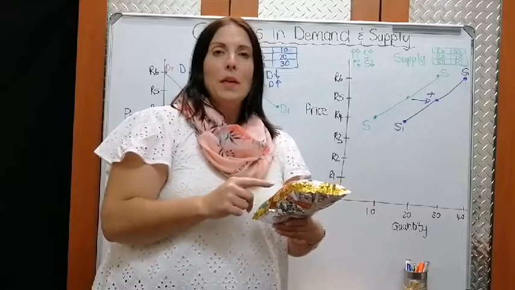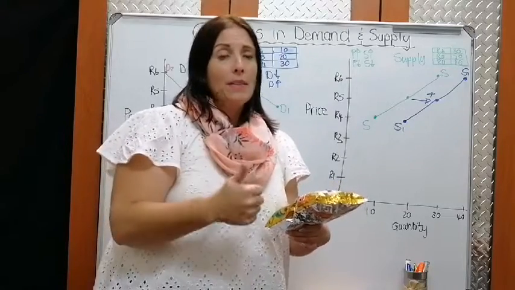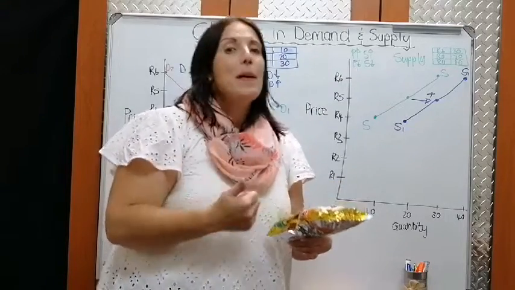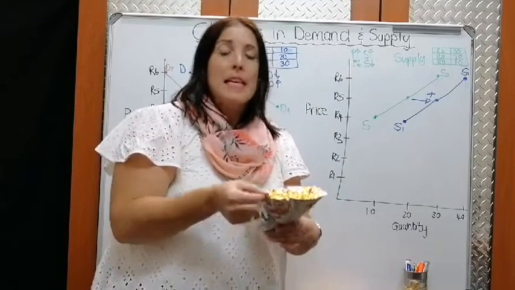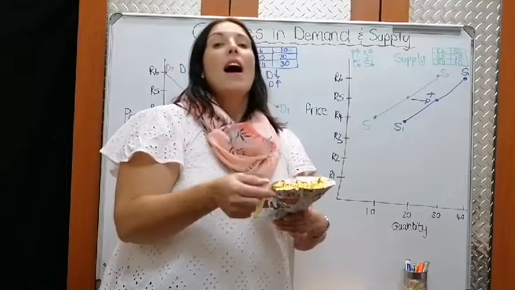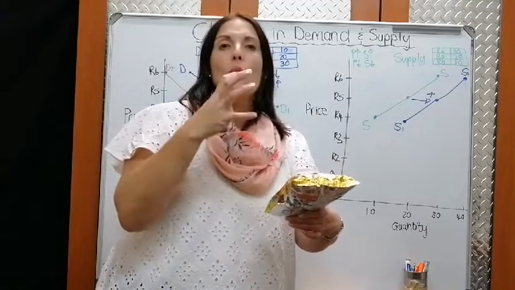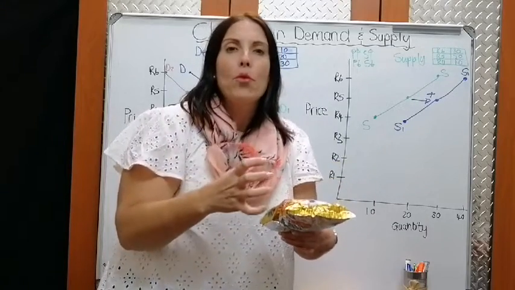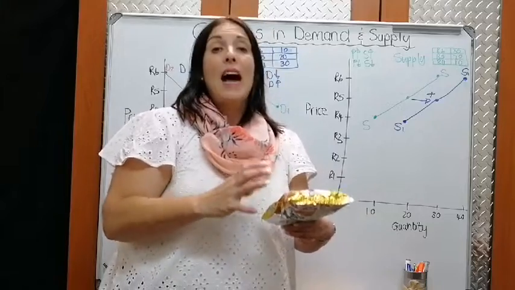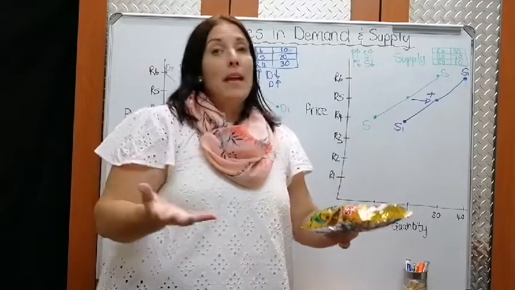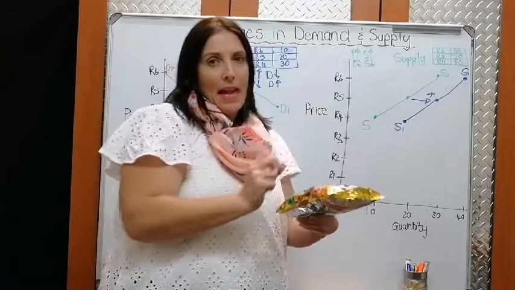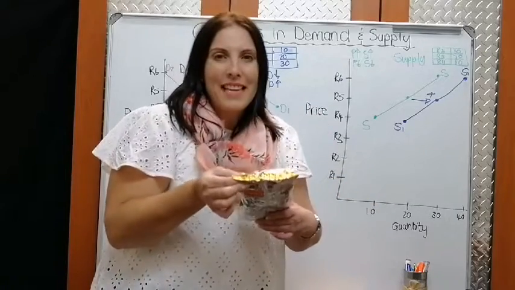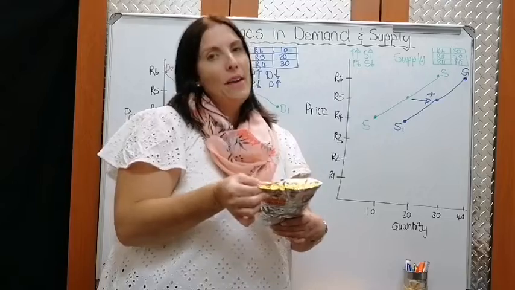So if we need to import this, we are either going to wait very long or pay premium prices for this foil packaging, for example. So now, all of a sudden, my input cost or my production cost or the cost of my raw materials has increased. Nothing else changed, the price hasn't changed, but my costs as the supplier have increased.